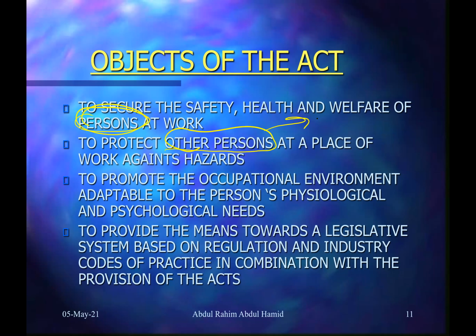They have nothing to do with your workplace anyway, but they just come to send something. And then perhaps the public, if you are doing construction in an urban area, the public will pass not through your construction site, but around it, because that is the only way to get around. So they are being protected as well.